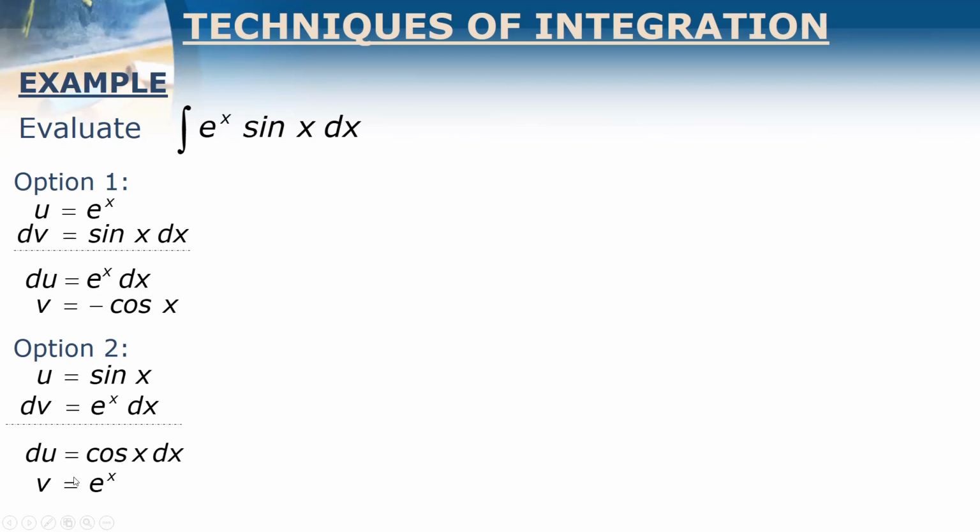They only differ by sign, so you can choose any option, 1 or 2. But for this one, let's use option 1. You can try option 2. They only differ by sign: negative e to the x cosine x dx, while this one is e to the x cosine x dx. Anyway, let's use option 1.